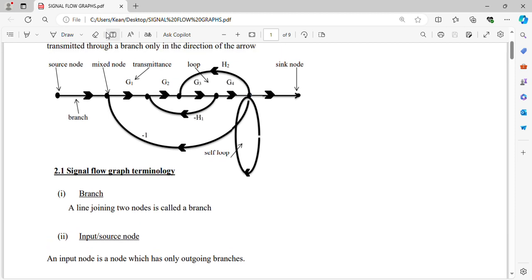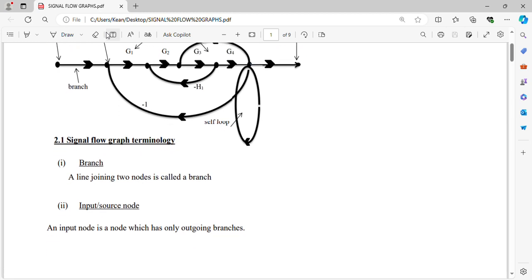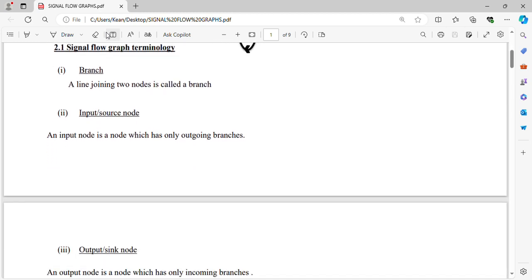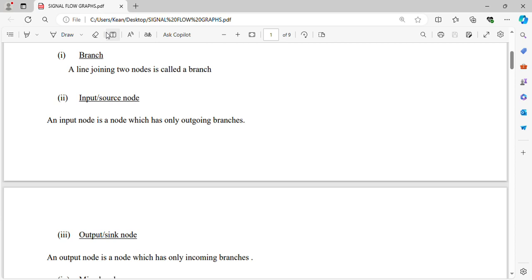That is where the signal originates. Then we have the output or sink node. This is where the signal terminates, and it has only incoming branches, unlike the source node, which has only outgoing branches.